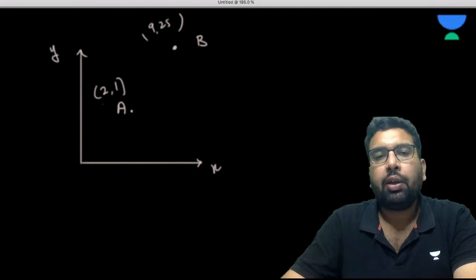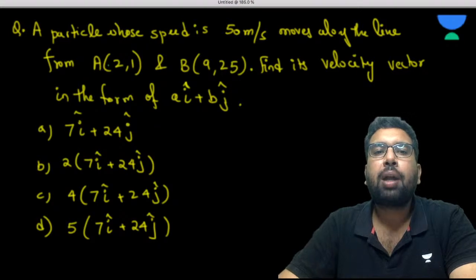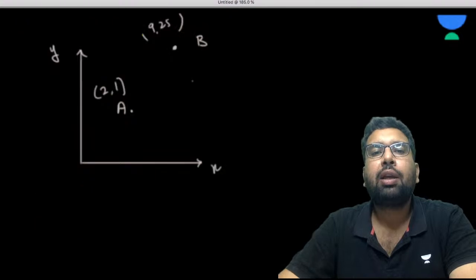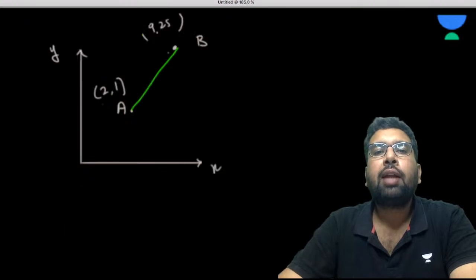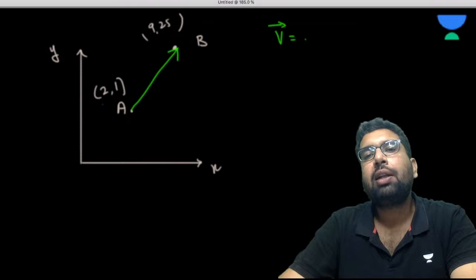Now it says find the velocity vector. So the particle whose speed is given moves along a line from A to B. That means this is the direction of this vector. And any vector is given by its magnitude and its direction.